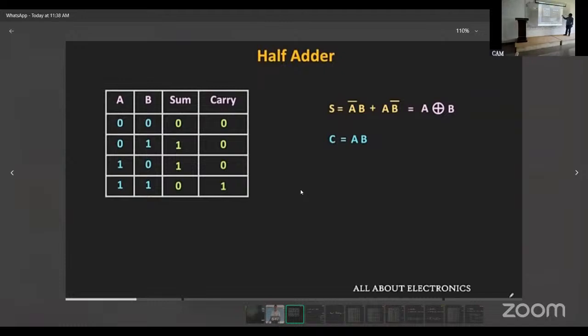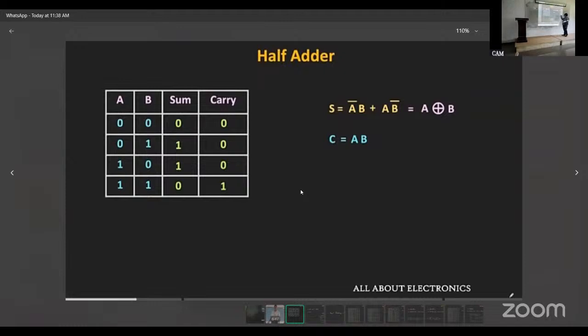So here, see. The output you are getting as sum is nothing but A bar B plus A B bar. Now carry is AB.